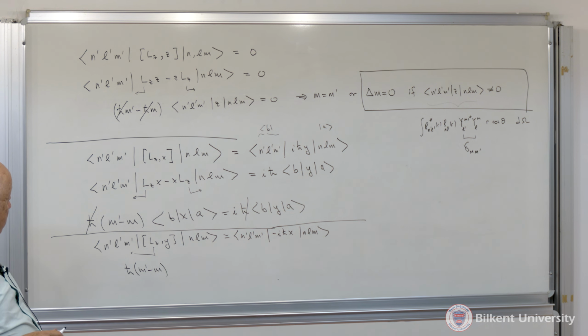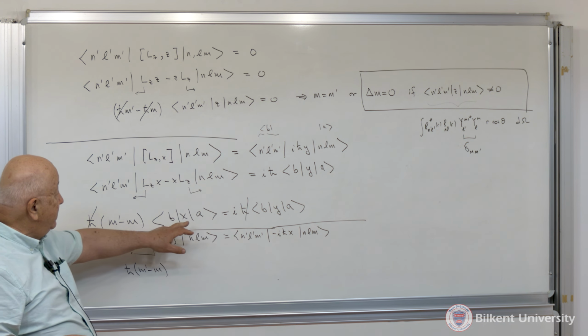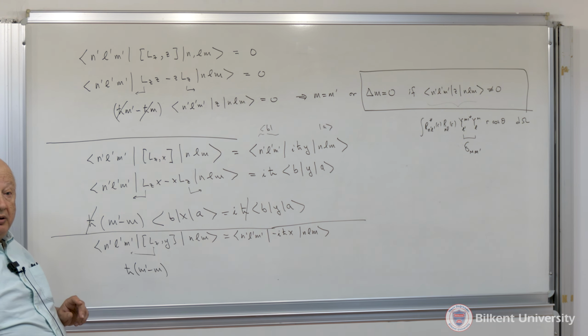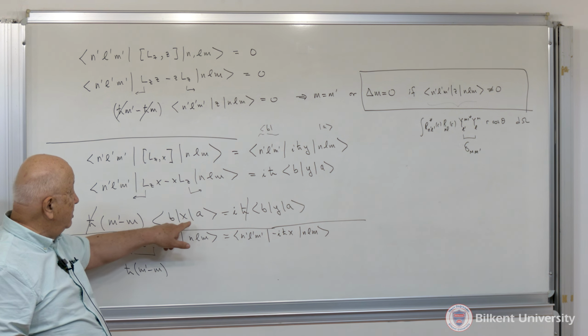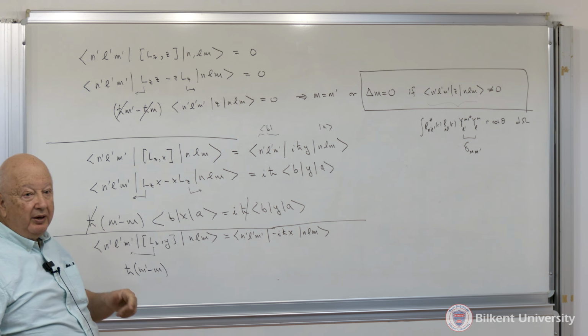In the equation that you wrote with m' minus m, isn't every part except i real, so how does that equality hold? No, these things can be imaginary, because this is not a diagonal matrix element. So I have <B|..|A>.